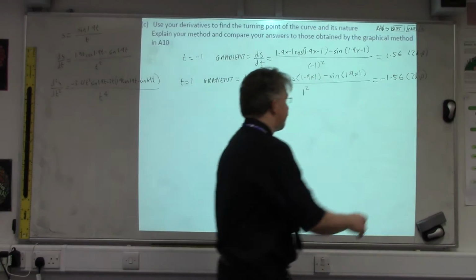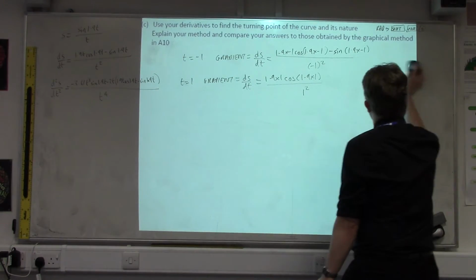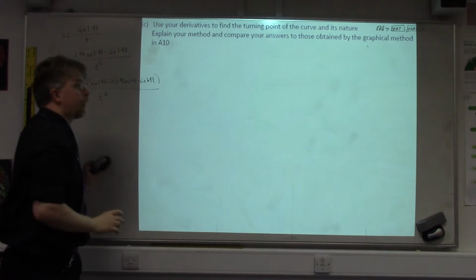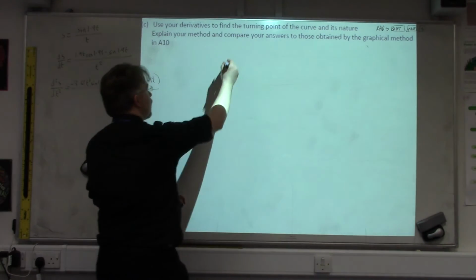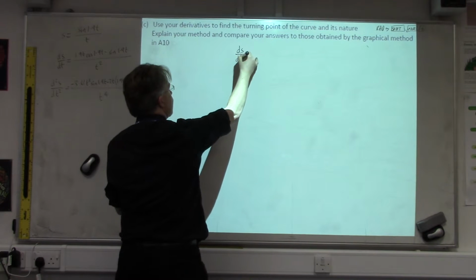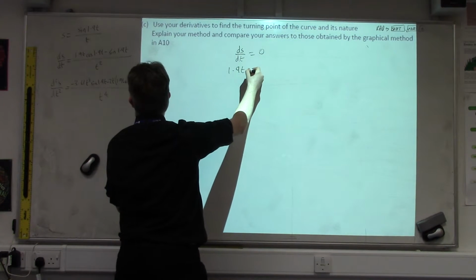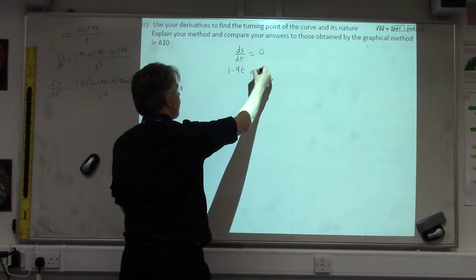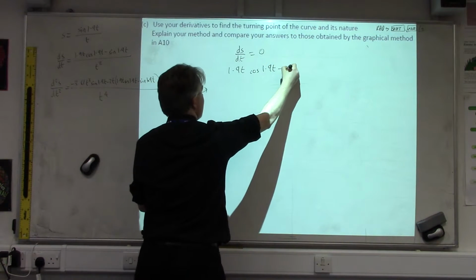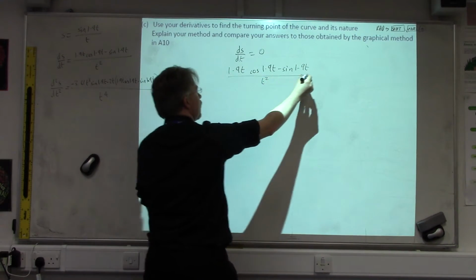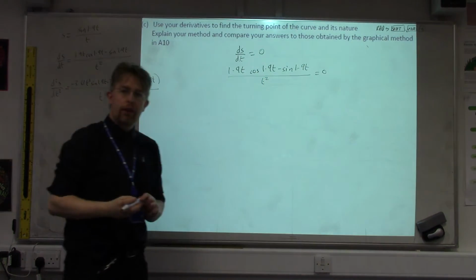Part C. As usual, to find turning points, you need to solve ds by dt equals 0. So in this case, ds by dt equals 1.9t cos 1.9t minus sine 1.9t, all over t squared, equals 0.